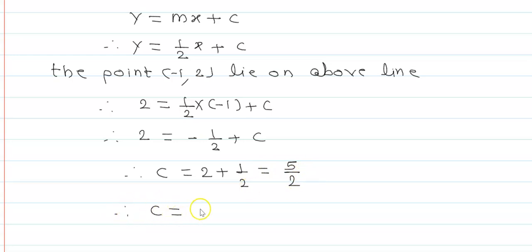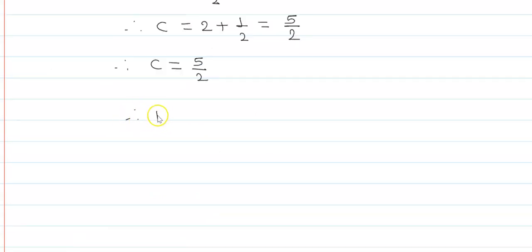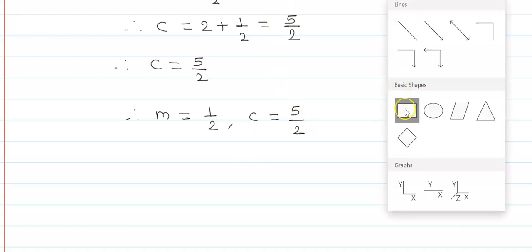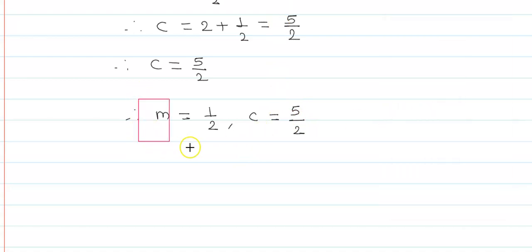Therefore, c equals 5 upon 2. Therefore, m equals 1 upon 2 and c equals 5 upon 2. Okay. This is the answer.